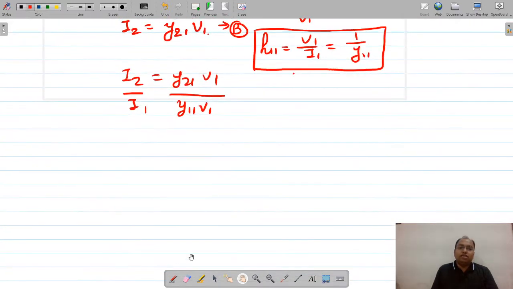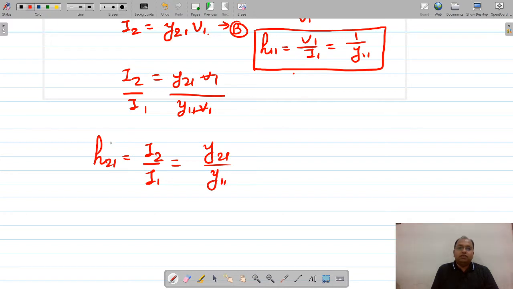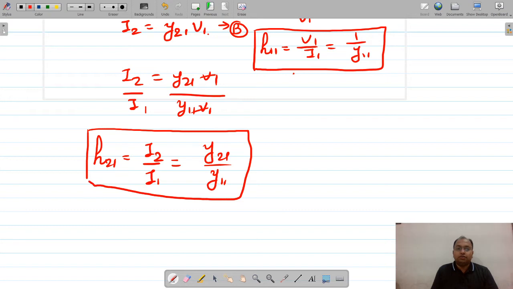So v1 will get cancelled out, and finally h21 is equal to i2 divided by i1, and that comes as y21 divided by y11. This is the second parameter, in terms of y.